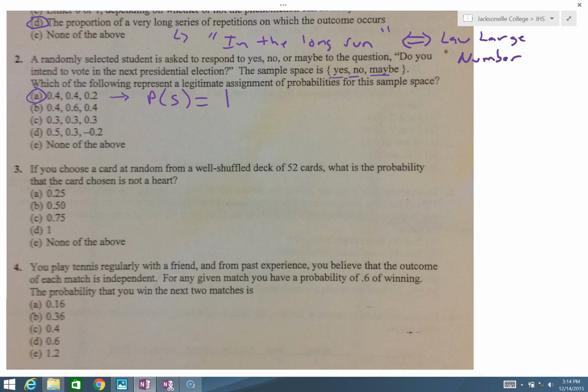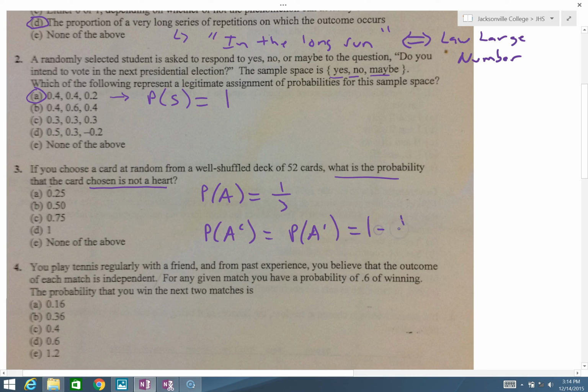Number 3, what is the probability that we choose not a heart? Well, our complement rule: if the probability of some event A is equal to 1/3, the probability of A complement, we also use the notation A prime, not A, is 1 minus that.